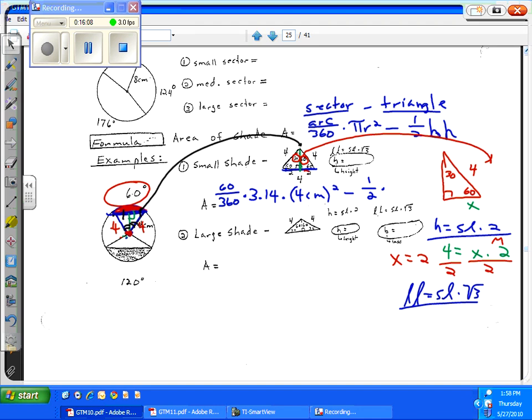So this is where the little 2 came from, here and here. And so that whole thing is 4, and so the base of my triangle is 4. Now I need the height of my triangle. The height is the long leg over here.